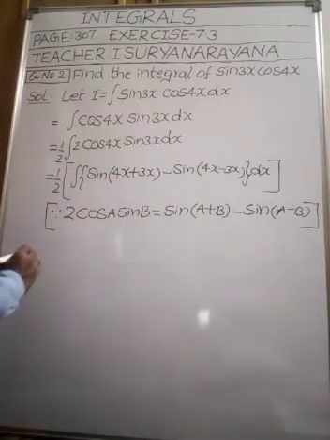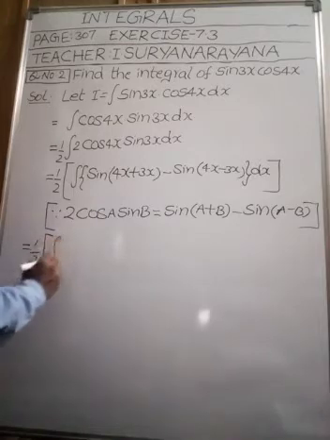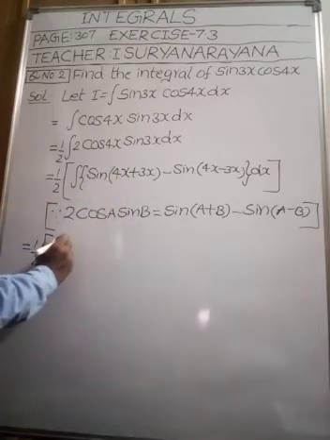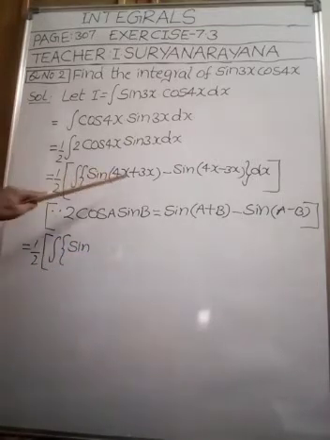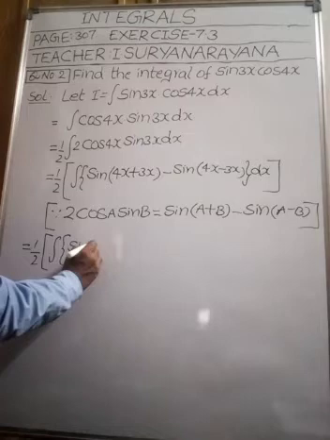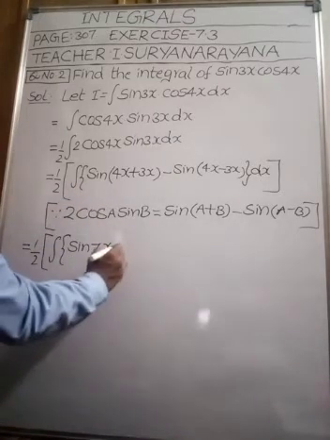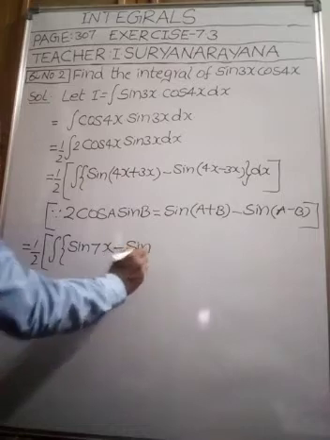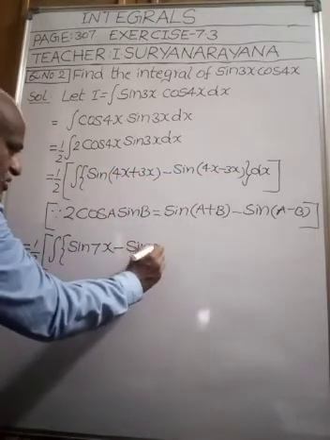Right. This is equal to 1 by 2 of, let us simplify here, sin of what will you get, 4x plus 3x, 7x. Understood this first term, my children? Right. Minus sin of what will you get here, 4x minus 3x, x.